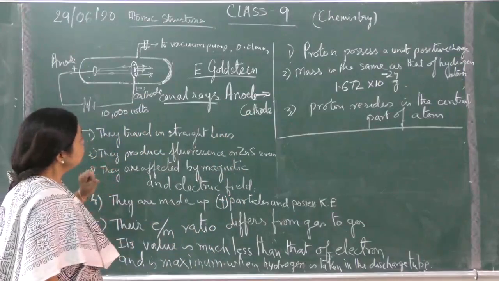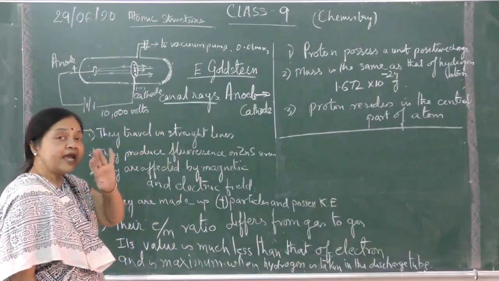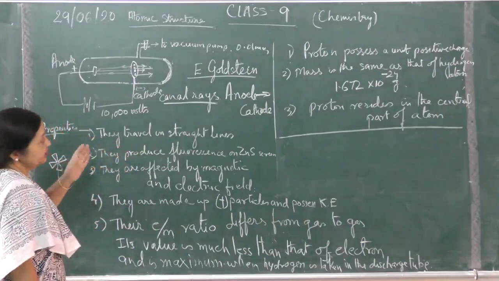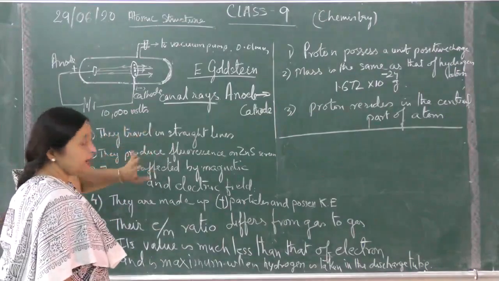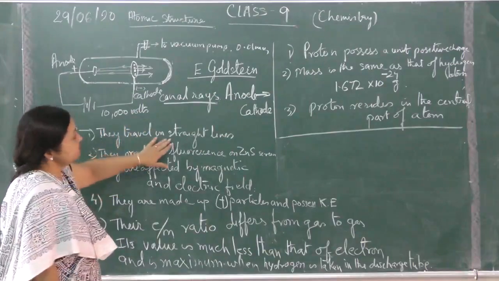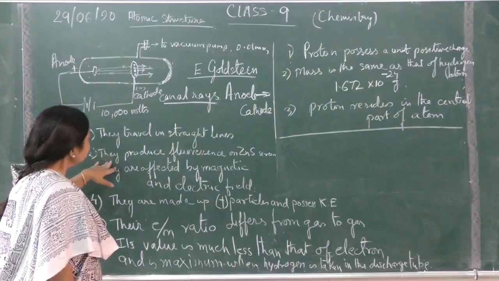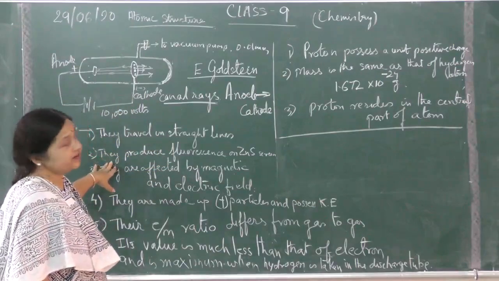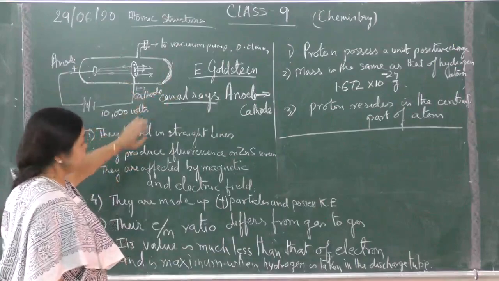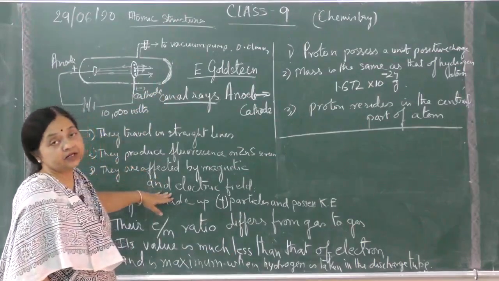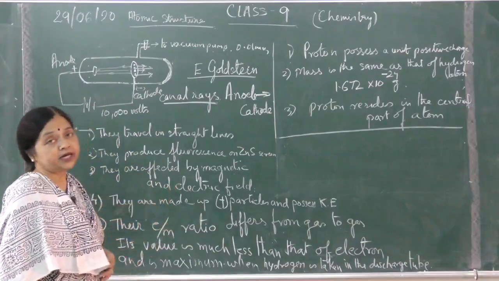Okay. Now they had the same type of properties as the cathode rays, but some differences were there. They traveled in straight lines and produced shadows. Then they produced fluorescence on the zinc sulfide screen. They are affected by magnetic and electric fields, but in the opposite direction.